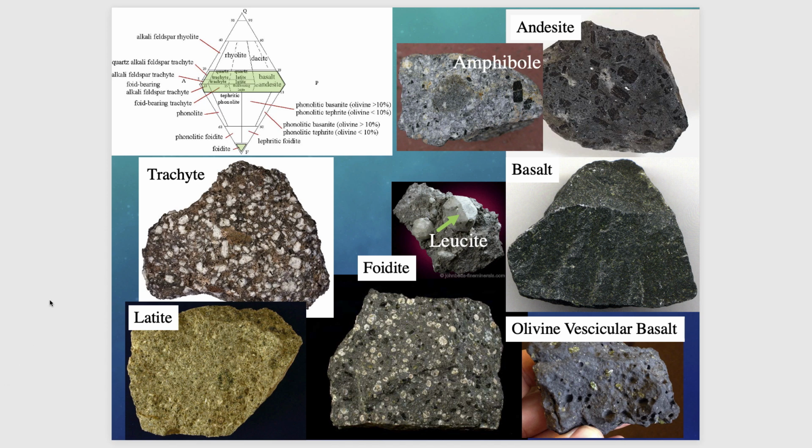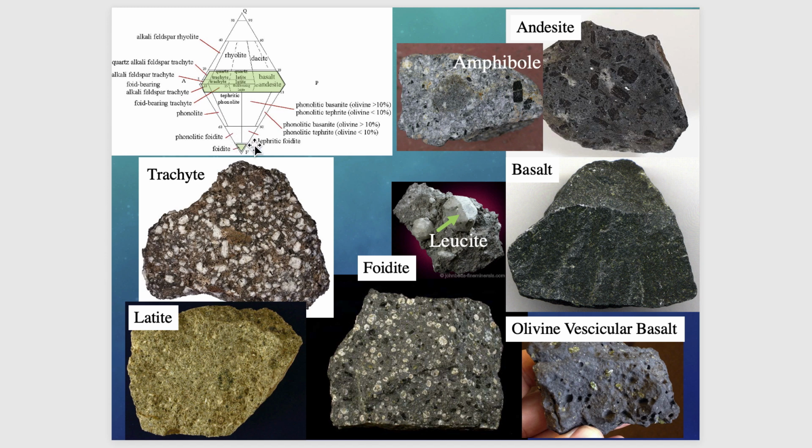Moving to the more mafic assemblages, we can clearly see a dramatic change in color. We lose the pinkish and we go into things that have compositions that are either more rich in plagioclase or even foids, so foidites here.